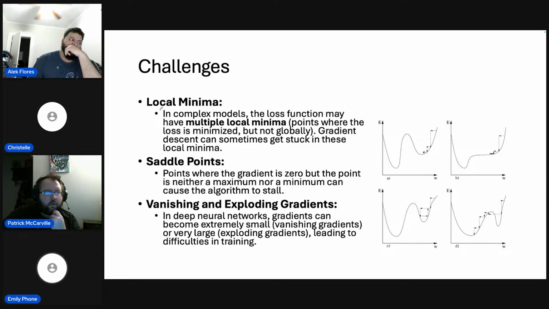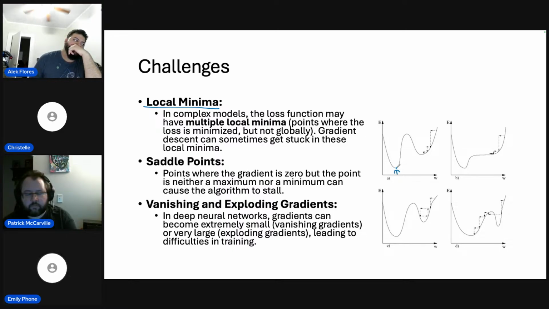One is local minima, which I talked about. I guess it's this picture. Local minima is when there's clearly a global minimum, which is way better if our loss is down here, but we get stuck here using our algorithm, where we take big steps and then smaller and smaller steps.